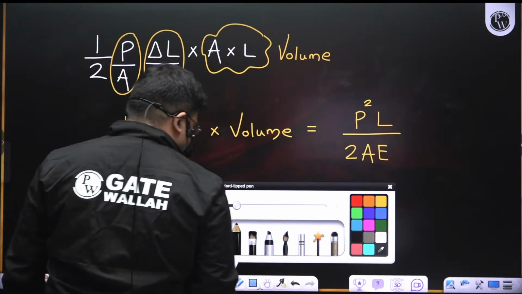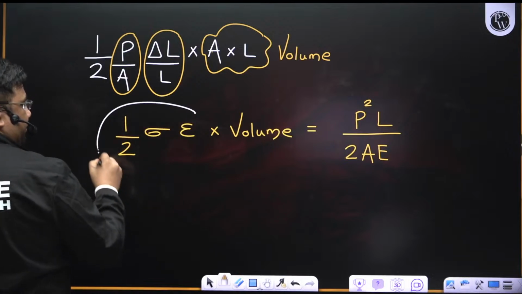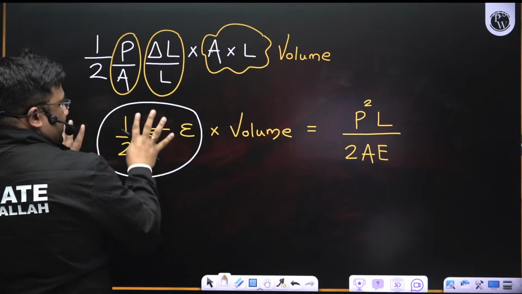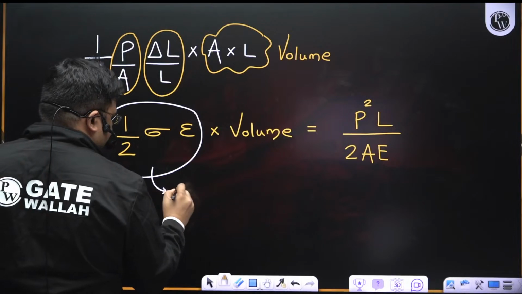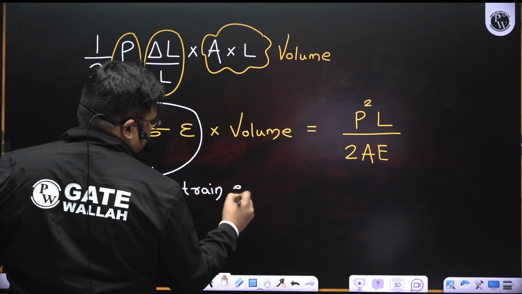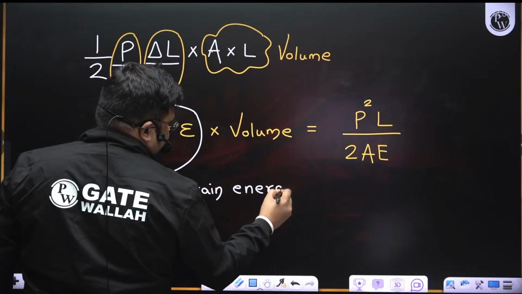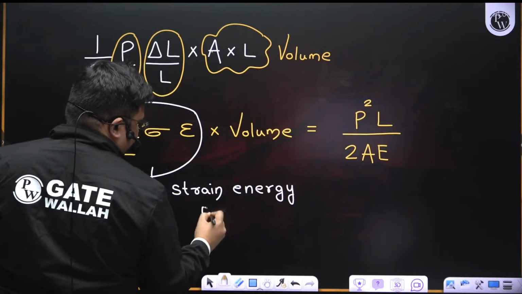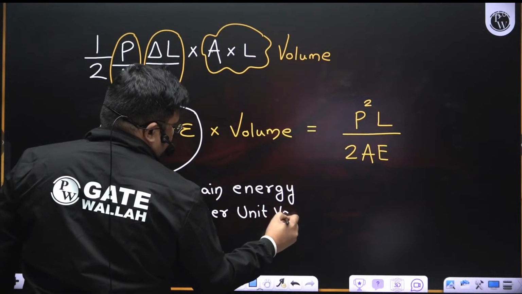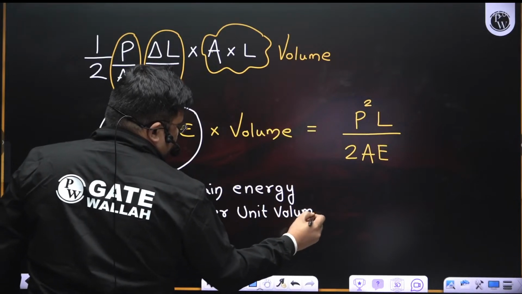Now this term is what? This is the total strain energy, so this term is strain energy per unit volume, also known as resilience.